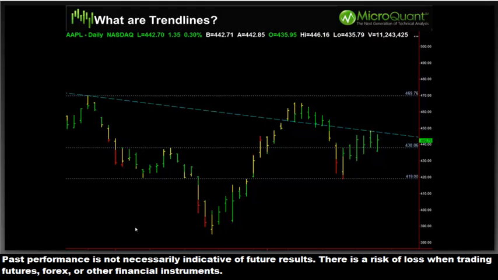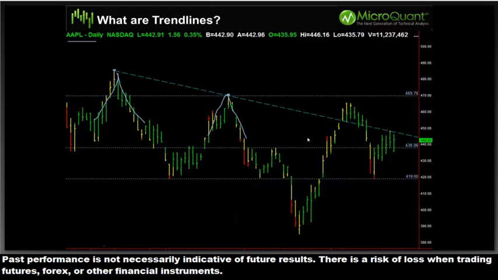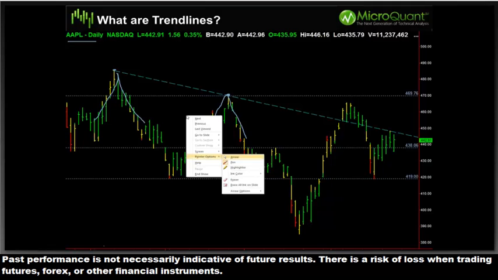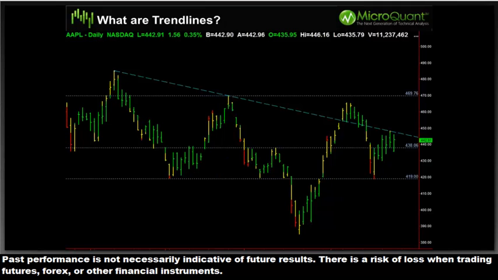is, let me go ahead and back up here. When you do draw trend lines, you want to be as exact as possible. Put it right on the end, and then zoom in if you have to, but make it as exact as possible, because you don't want some funny looking trend line. You want it to be exactly like everybody else in the world draws it, because if everybody's looking at the same trend line, then more people will be looking to buy or sell right on the trend line.